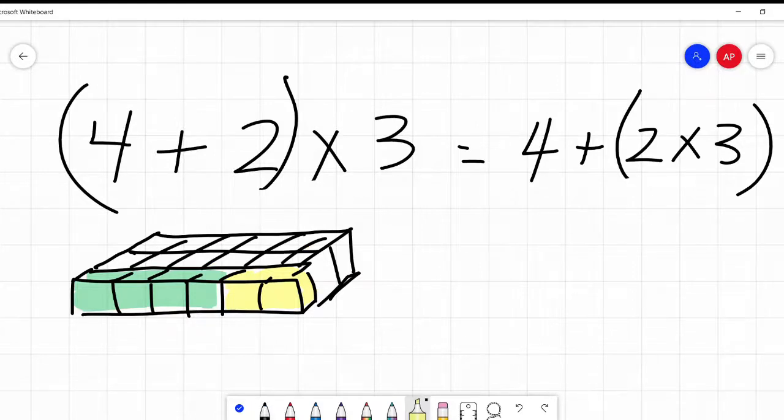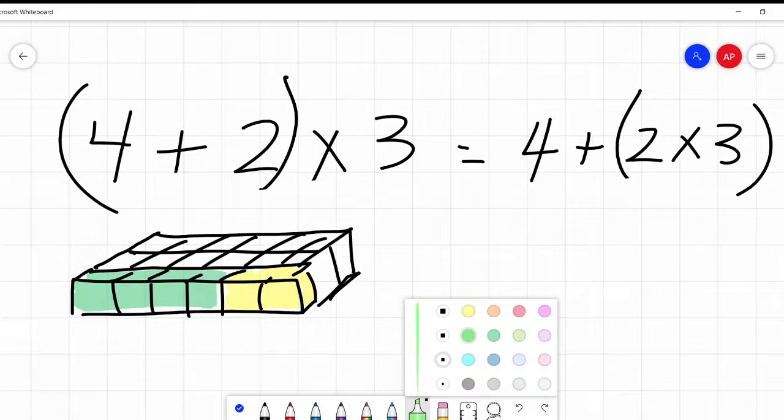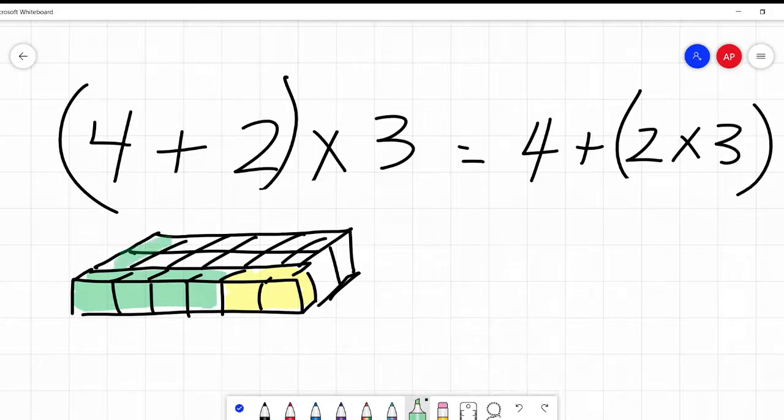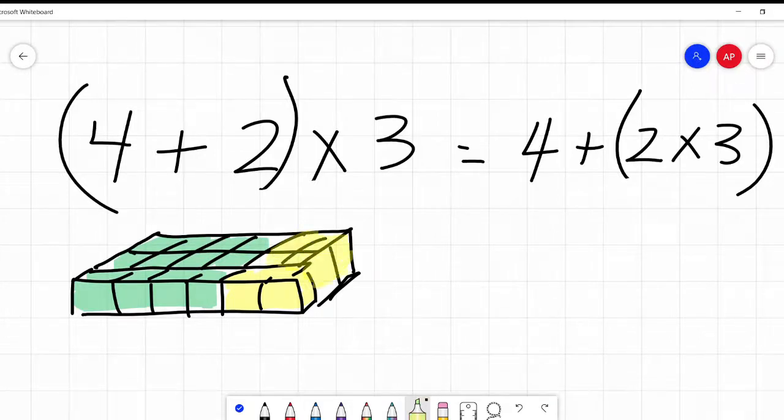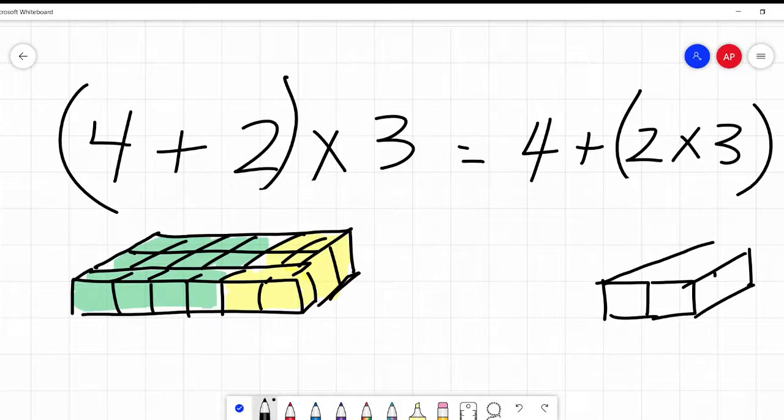I'm just really going all out. I'm going to make this all colorful, and I think I got the wrong color. There we go. All color-coded. So yeah, that's what I'm saying. I've added 4 plus 2, and then there's 3 of them. This one over here, I'm saying I had 2 blocks, and then I did 3 rows of them.